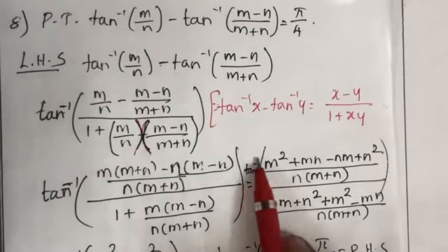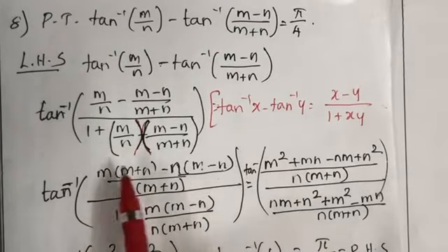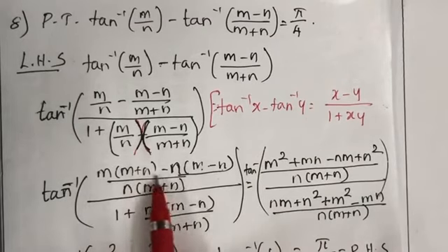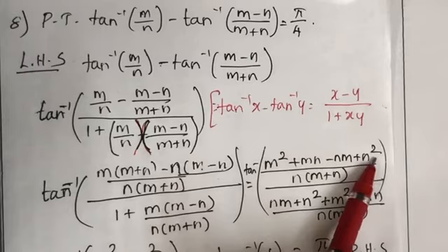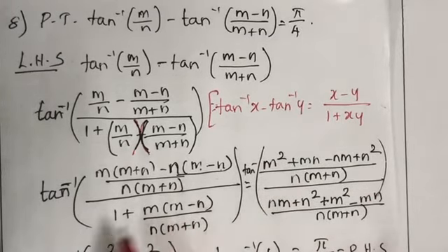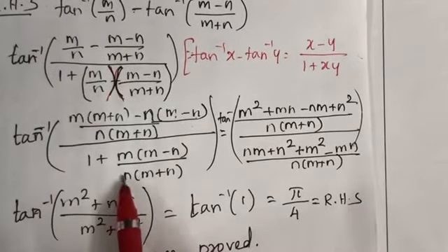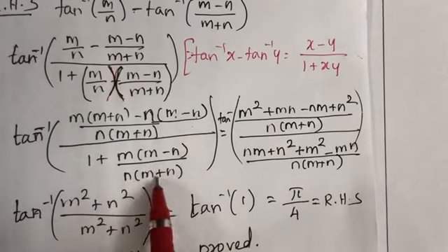So, tan inverse of m into m, it is m square plus mn minus nm, minus and minus it is plus, so plus n square divided by n into m plus n. Here in the denominator we can take n into m plus n as LCM, that is nm plus n square.